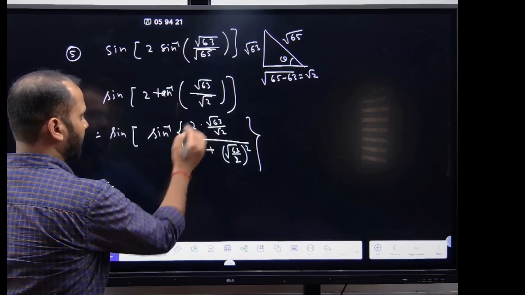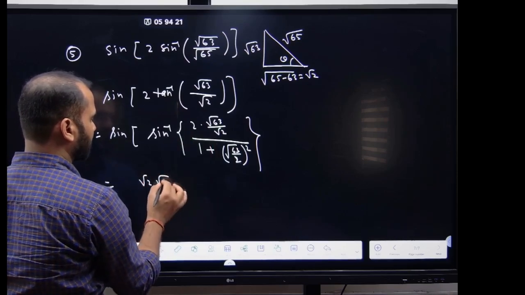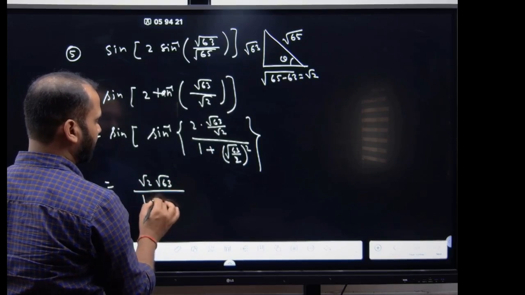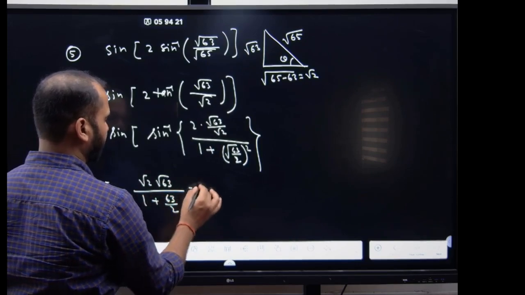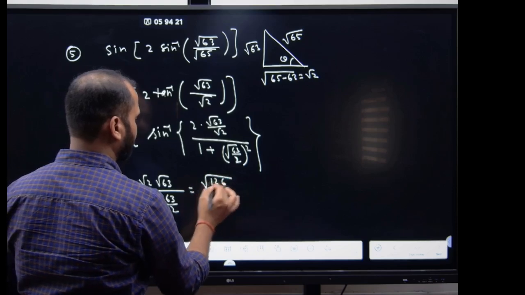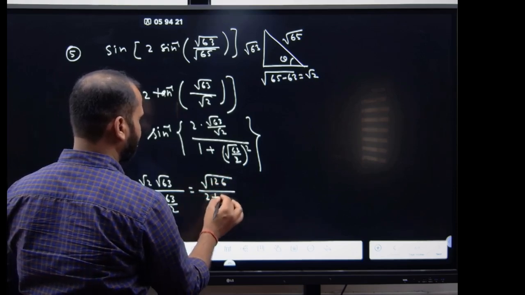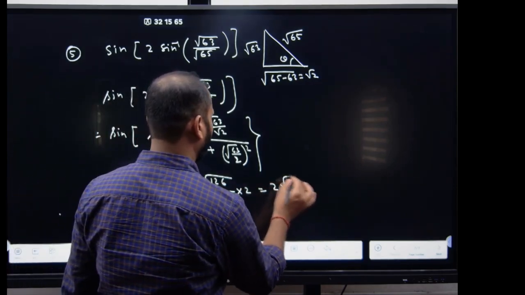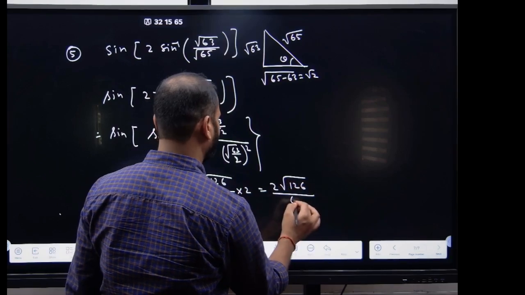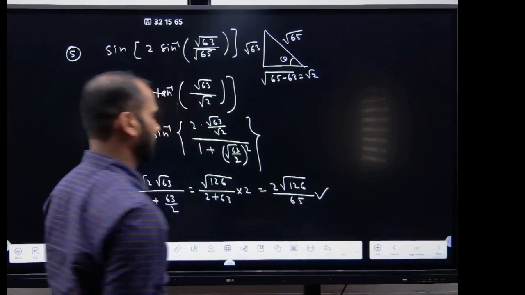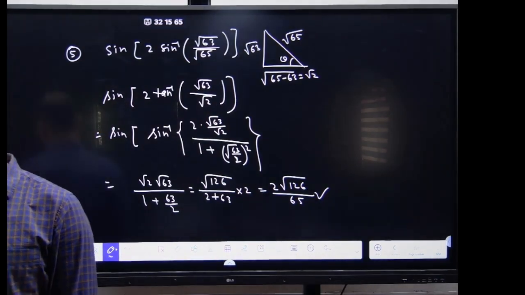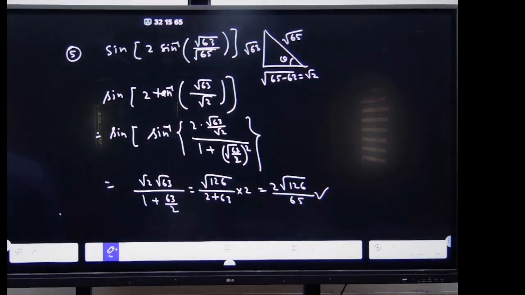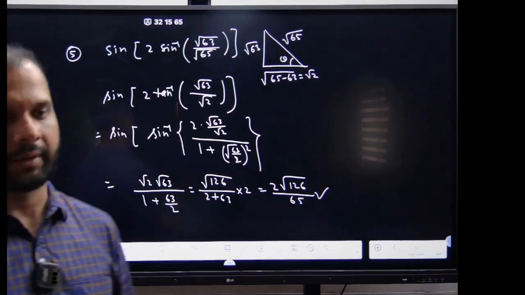So, here if I cancel root 2 into root 63 divided by down, it will be 63 by 2. So, 126 upon 2 plus 63 into 2 will be there. So, 2 root 126 divided by 65 is their answer like this. I hope you are getting, right. 2 root 126 by 65 is the answer.